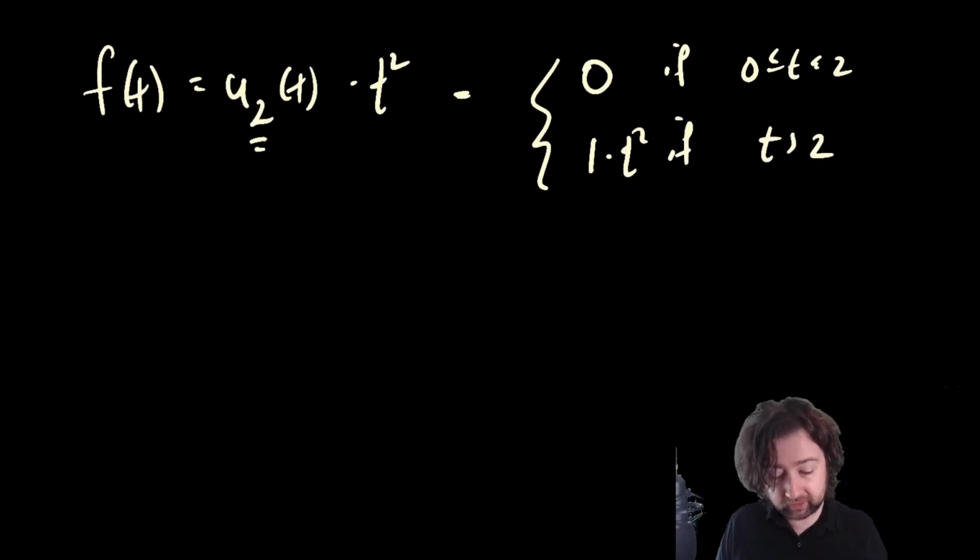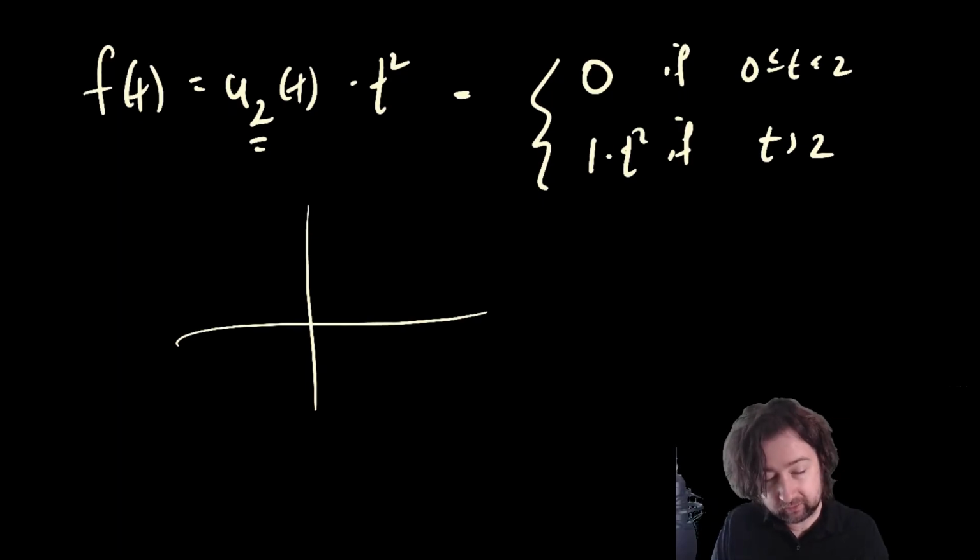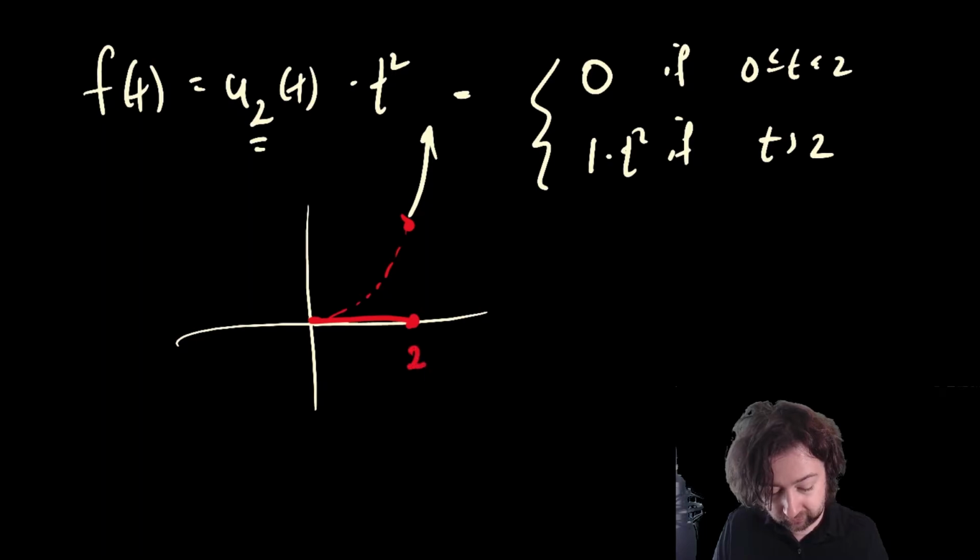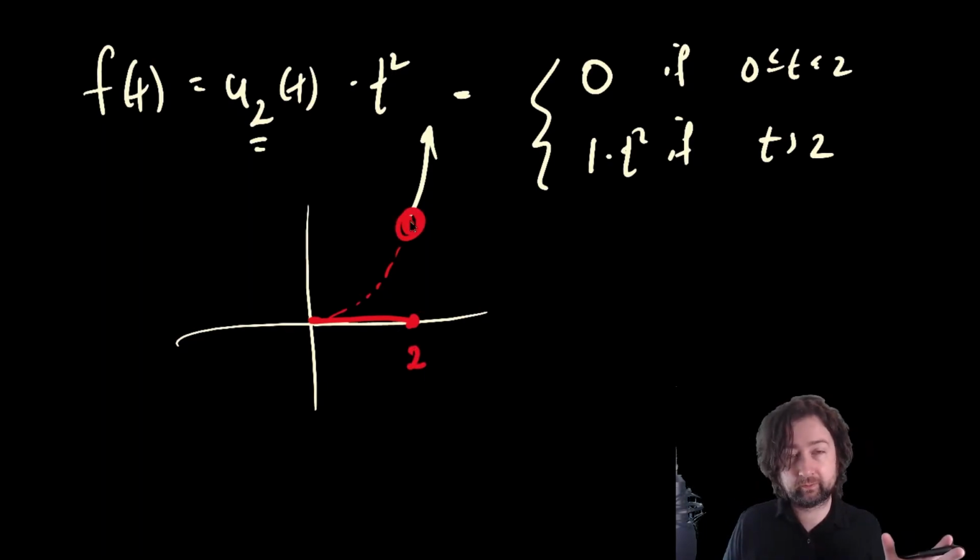And so if you plot that, what you get is this. Sort of a ghost parabola for the beginning here. And then all of a sudden at t equals 2, the parabola actually turns on. So this function looks like this. It's 0 for a while until it gets to t equals 2. And then it leaps up and starts being the parabola past that point.